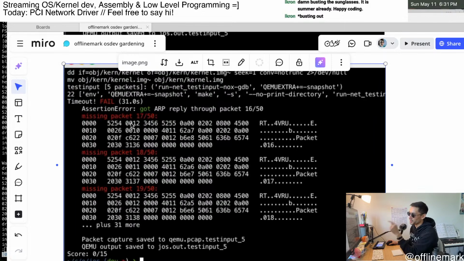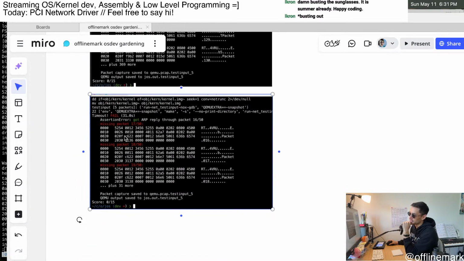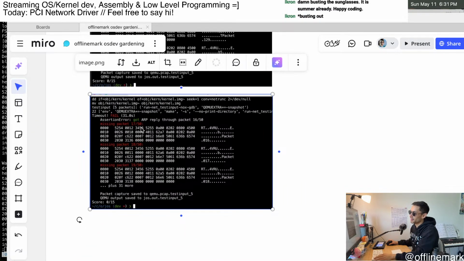But the reason for this is, I think, that all the rest literally get dropped. We were seeing before that all the packets arrive at once in the NIC buffer. And that's fine.